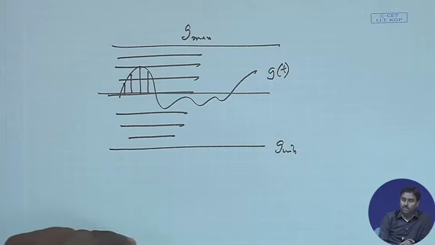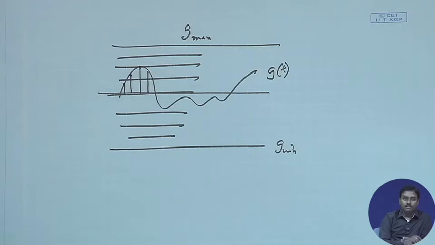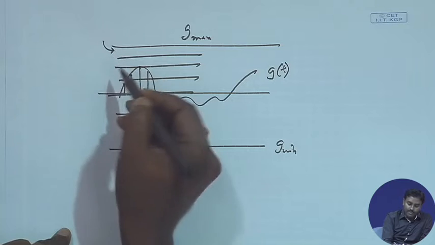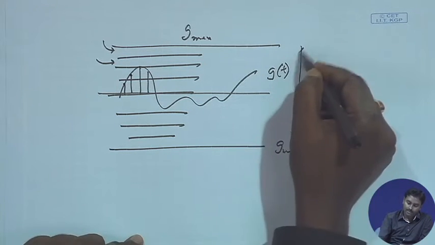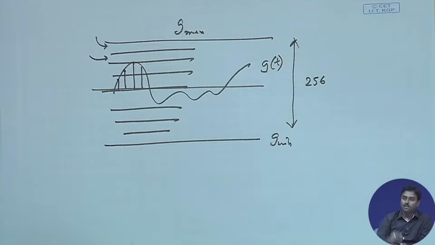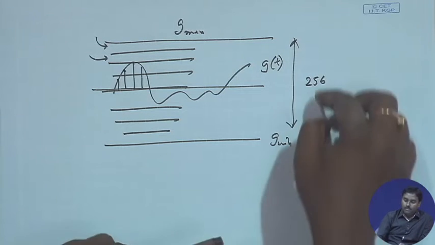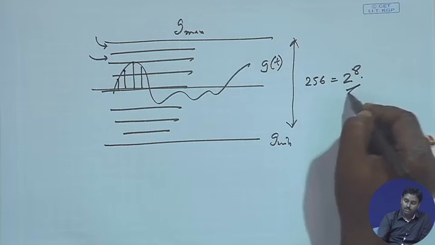Then for each of these samples I see which smaller range it corresponds to, and for every range I give an equivalent digital representation. Suppose I subdivide this length into, let us say, 256 small ranges. This number 256 is actually 2 to the power 8.